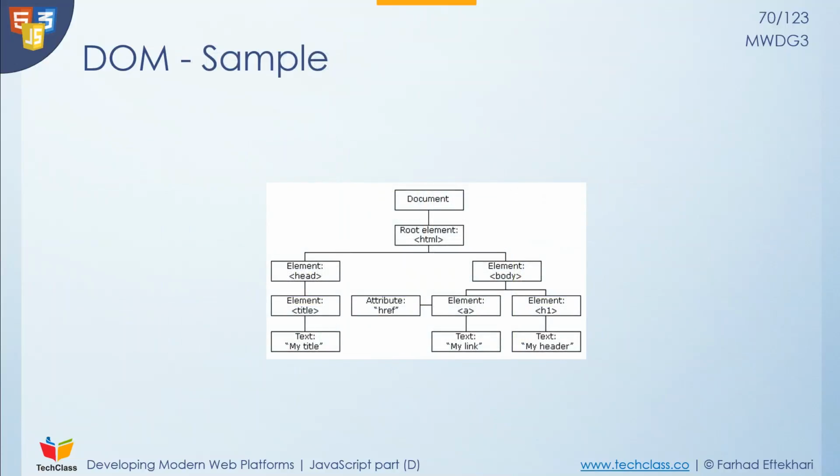And here is also a sample of the DOM structure. You can see that exactly when we talked about how a browser can show a web page, this DOM structure is very helpful. You can see how in the document interface of the DOM, all of these elements in the tree are created and how they relate to each other.